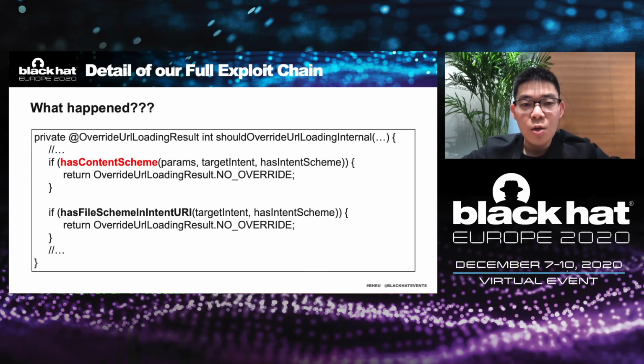At last, we found two checking points in the shouldOverrideUrlLoadingInternal function. These two checks will filter intents containing file or content scheme. So, Chrome will block the deep link that jumps to file or content.